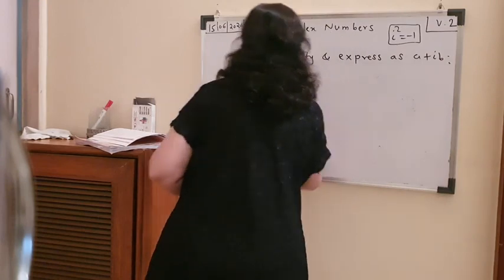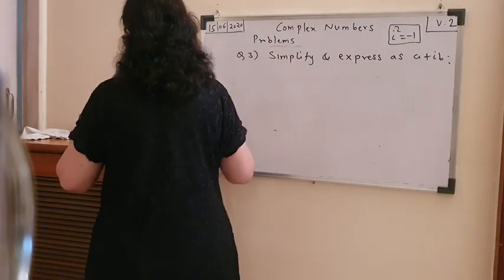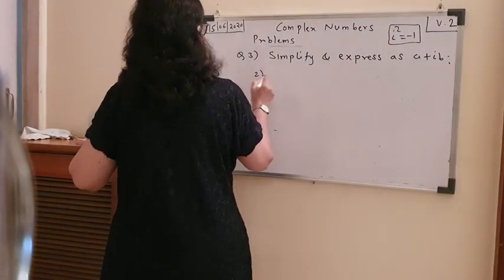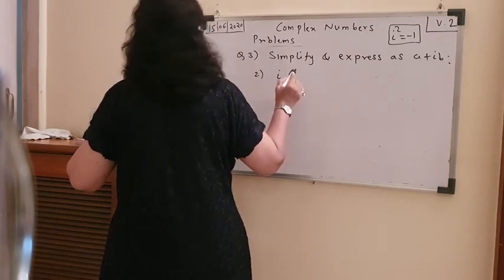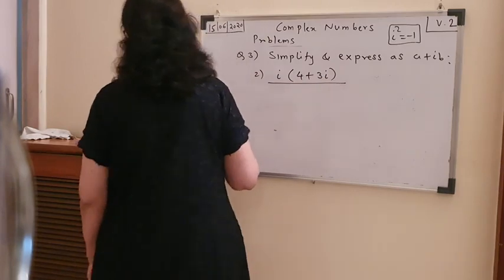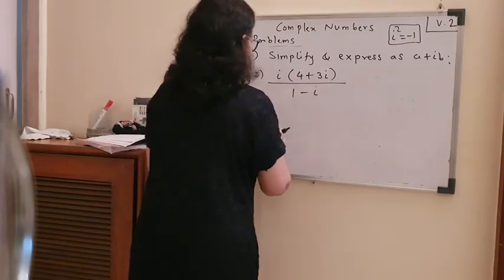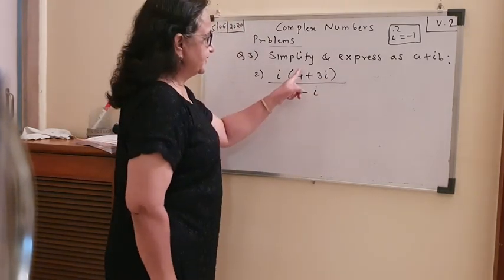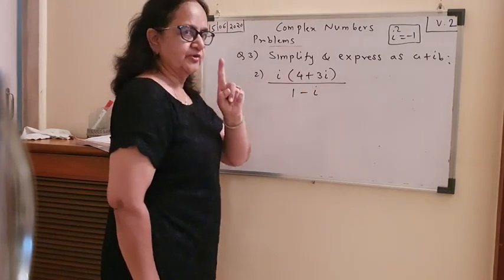Next, second one. In that, i into (4 plus 3i) completely divided by (1 minus i). Division of two complex numbers. How are you going to solve it?